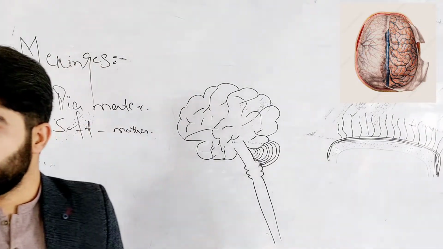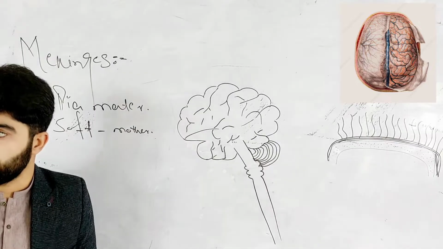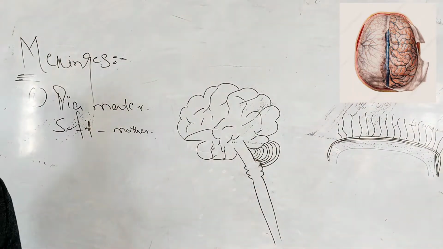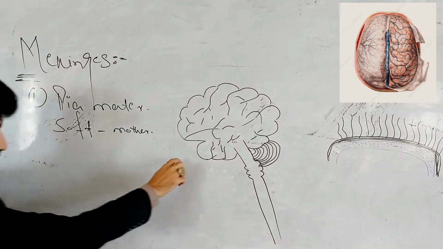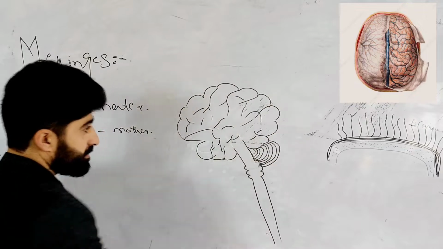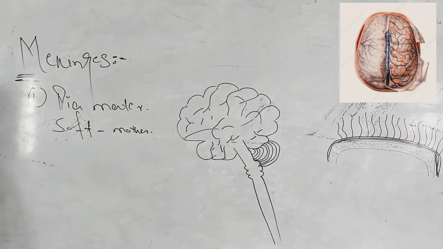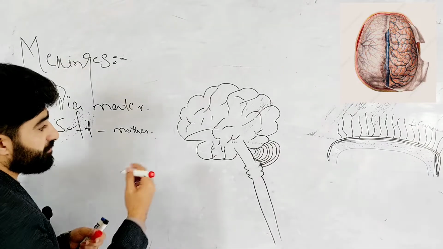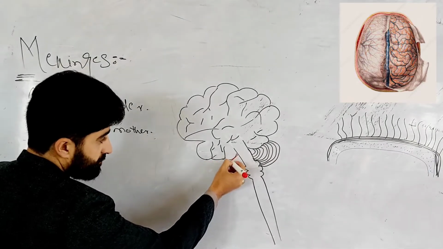This membrane, this layer is very thin, very delicate and very soft. It covers the brain and is the first layer on the brain. It is highly vascular. This pia mater is highly vascular and the first layer.